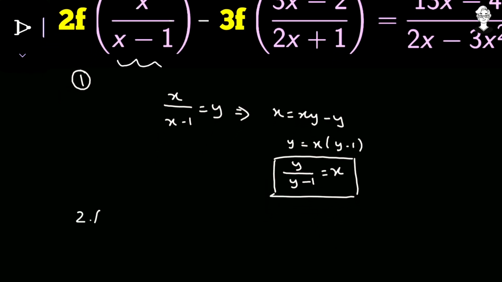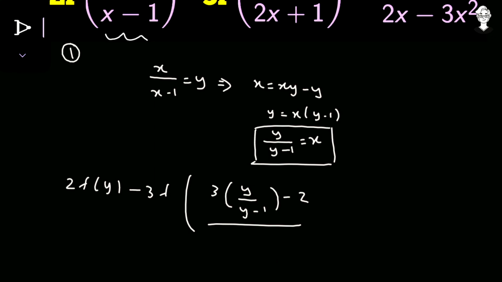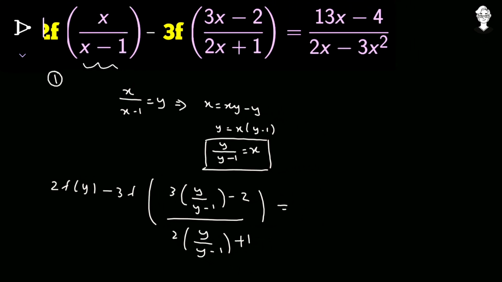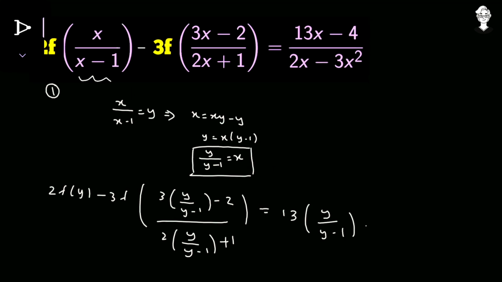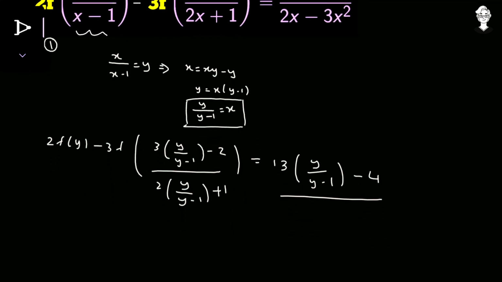So 2 times f of y minus 3 times f of, now over there, 3 times y upon y minus 1 minus 2 upon 2 times y upon y minus 1 plus 1, that is equal to 13 times x, so 13 times y upon y minus 1 minus 4 upon 2 times x, so it will form 2 times y upon y minus 1 and minus 3 times x square, so y square upon y minus 1 the whole square.